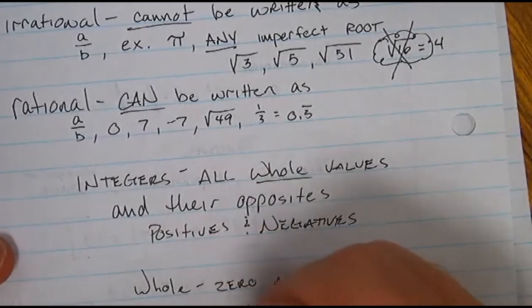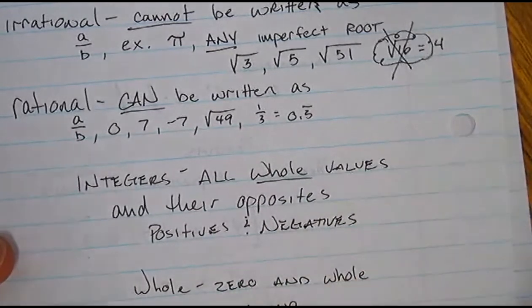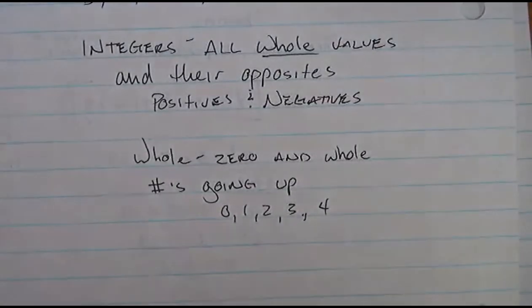So 0, 1, 2, 3, 4, etc. Right? Those are our whole values. That's our whole category. In order to make it into a whole category, you need not only to be a whole value, but you must also be positive, right? So 0, 1, 2, 3, 4.